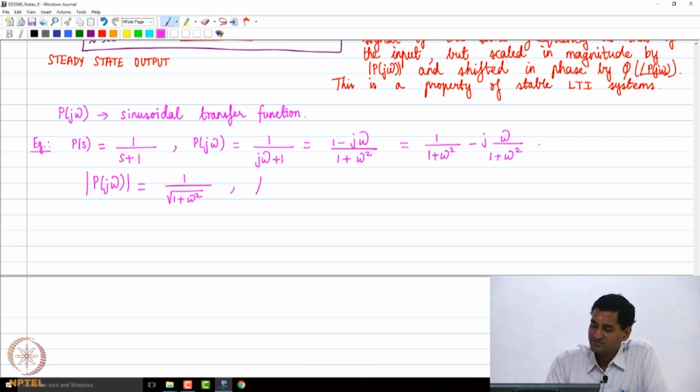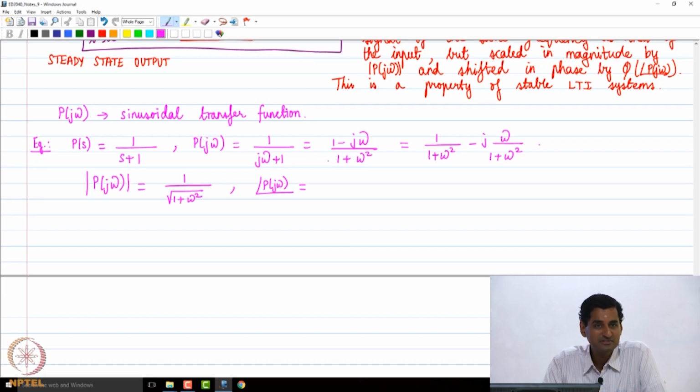And what is the phase of P of j omega? Once again, you can do tan inverse of imaginary part by real part, or you can just take the algebraic sum of the individual phases, right. So, if the ratio is 1 by j omega plus 1, what will be the phase? The phase of 1 is 0, and then what is the phase of j omega plus 1?